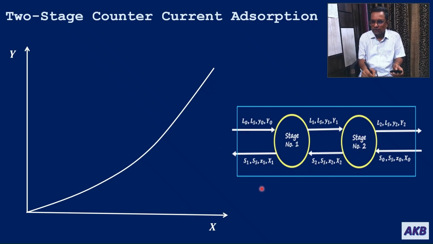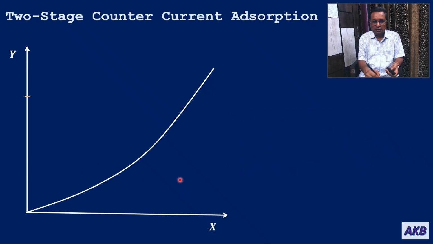Now we are going to understand this on the equilibrium diagram. As I said, concentration in the liquid solution decreases from Y0 to Y2. You must have understood from the diagram just now.